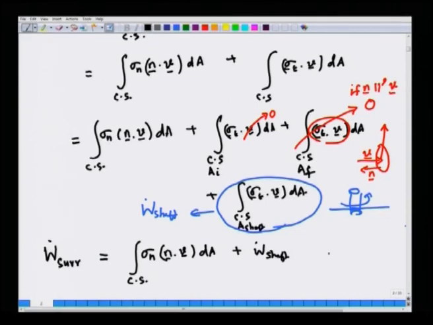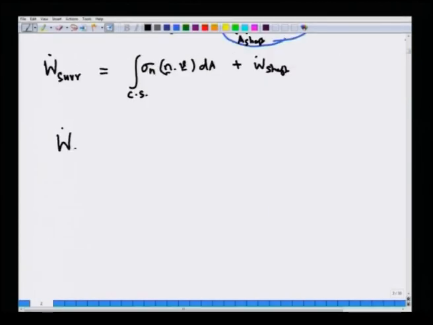But the quantity that we are interested in is the rate at which work is done by the CV on the surroundings. It is minus integral over CS of sigma n dot V dA, plus or minus W shaft, because it is the negative of the previous expression.